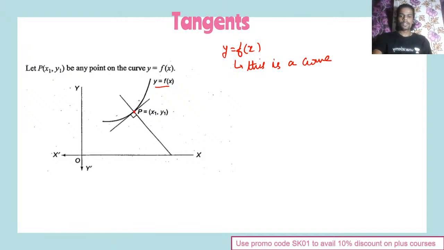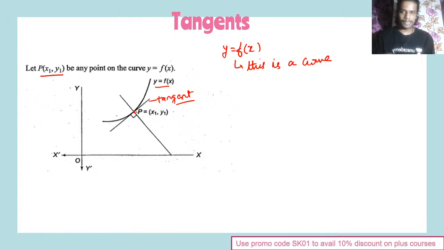Okay, so what is the tangent? The tangent, this line is tangent. A tangent is a line on the curve at a point (x1, y1) which touches the point and the curve.